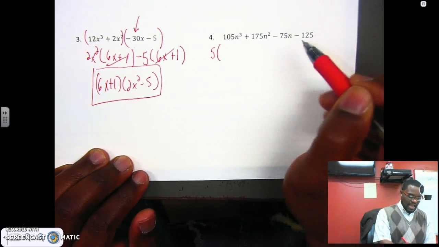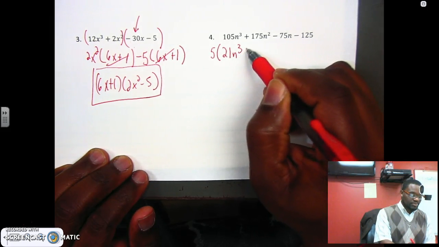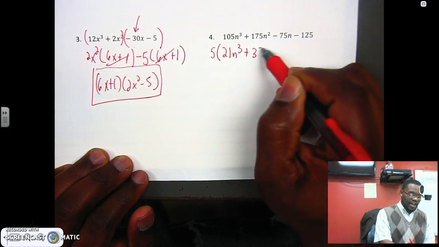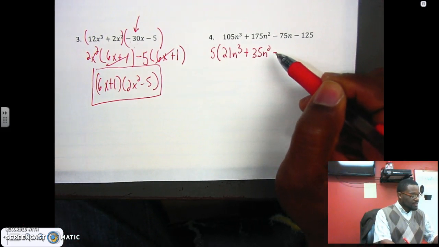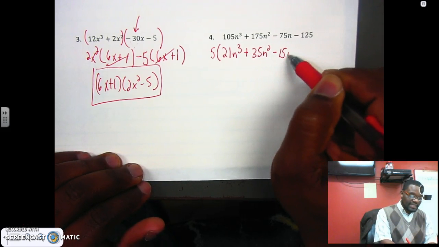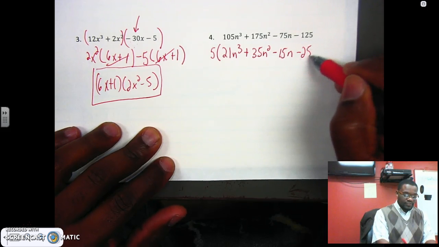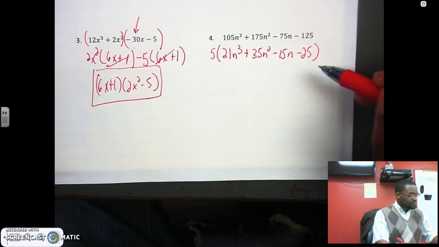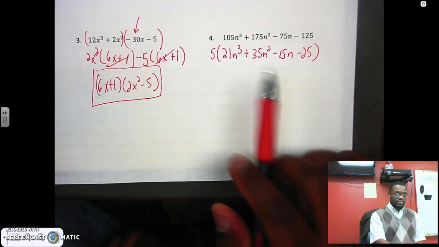So if I divide out 5, that's 21n cubed plus 35n squared minus 15n minus 25. Okay, so all I did is give me smaller numbers to deal with.